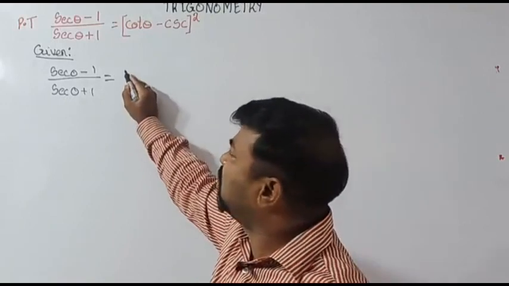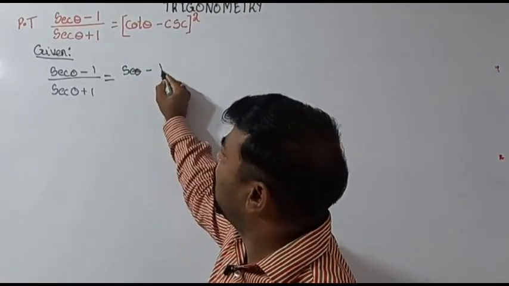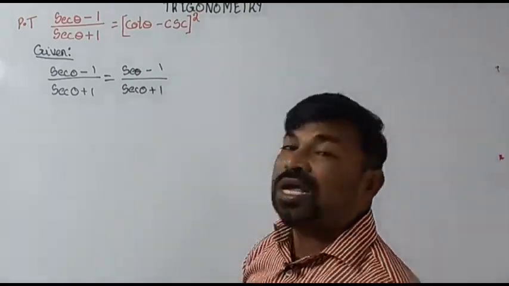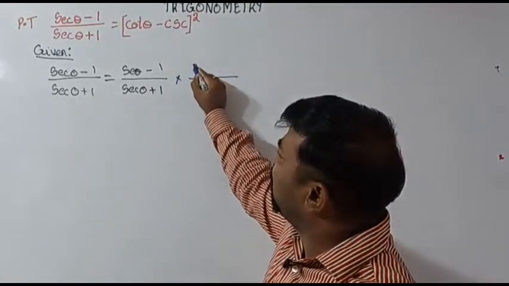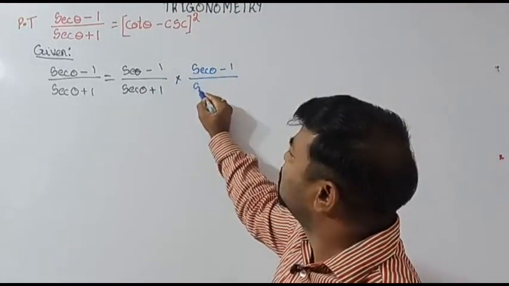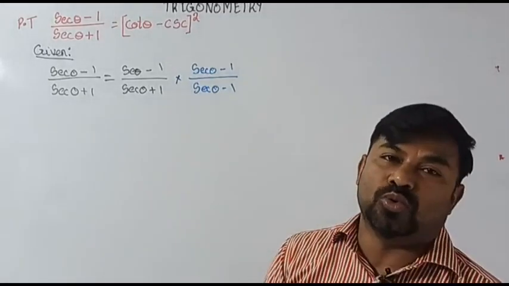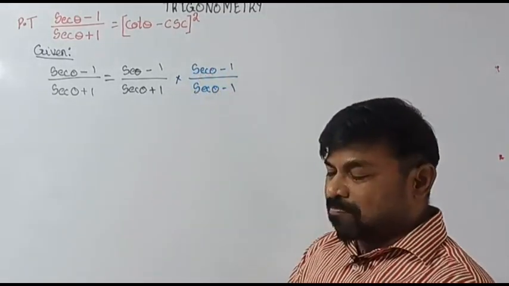Let me show you that. Secant theta minus 1 divided by secant theta plus 1 is there. To that, I'd like to multiply and divide with secant theta minus 1 by secant theta minus 1. What did I do? Multiplying and dividing with secant theta minus 1.